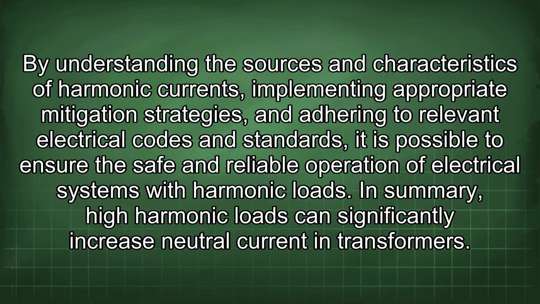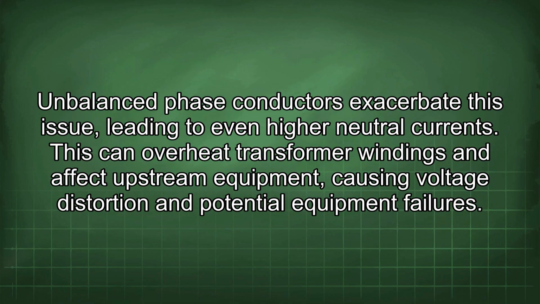In summary, high harmonic loads can significantly increase neutral current in transformers. Unbalanced phase conductors exacerbate this issue, leading to even higher neutral currents. This can overheat transformer windings and affect upstream equipment, causing voltage distortion and potential equipment failures.